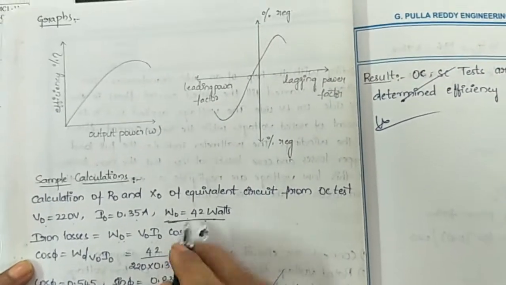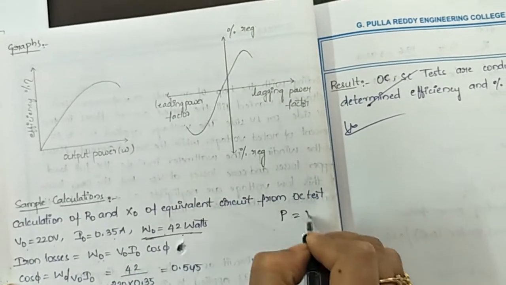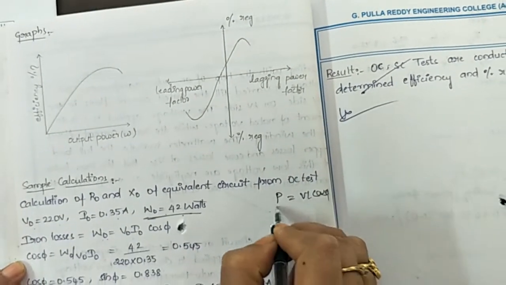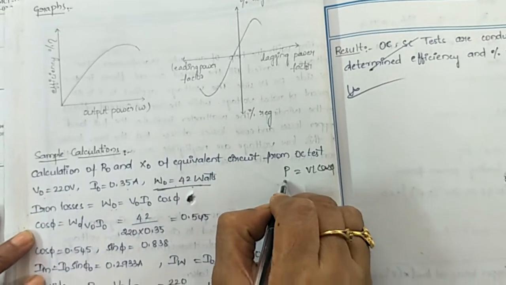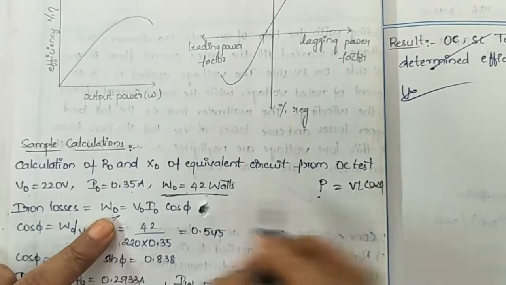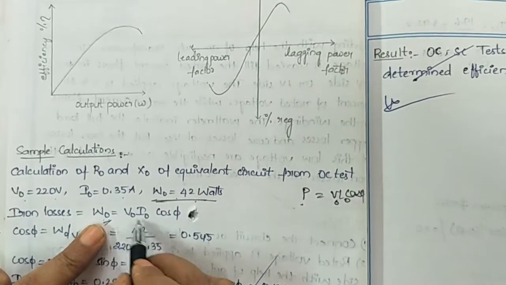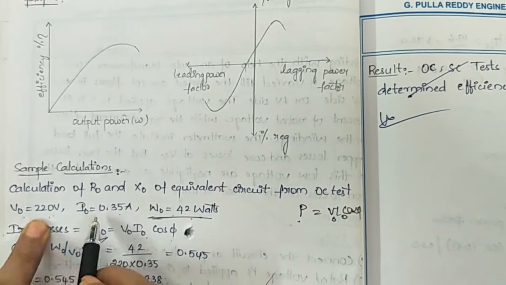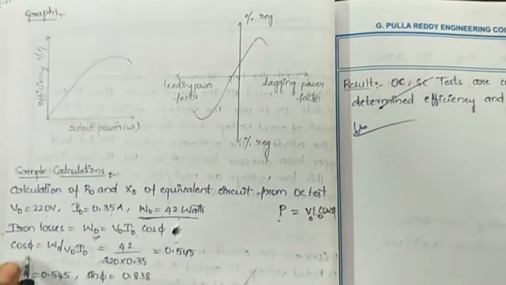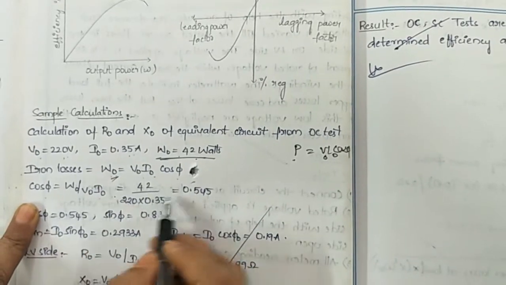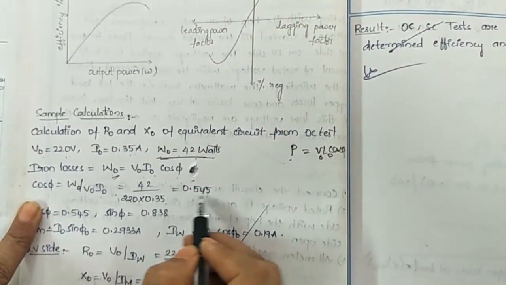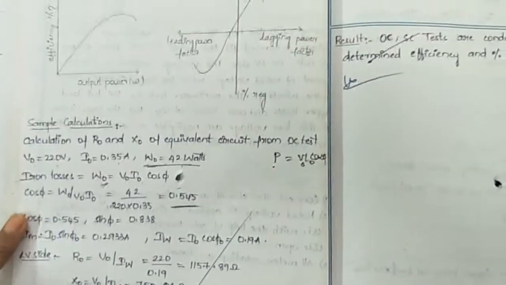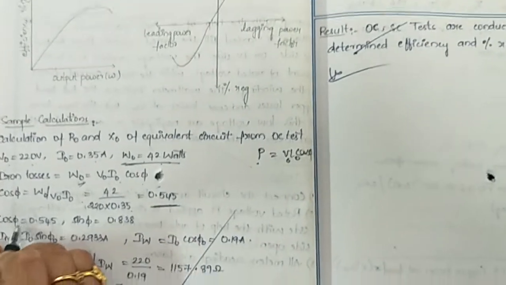W naught equals V naught I naught cos psi naught, as we know power is V I cos psi. With V naught 220 and I naught 0.35, we obtain cos psi naught equal to W naught by V naught I naught, so 42 by 220 into 0.35 gives you 0.545.